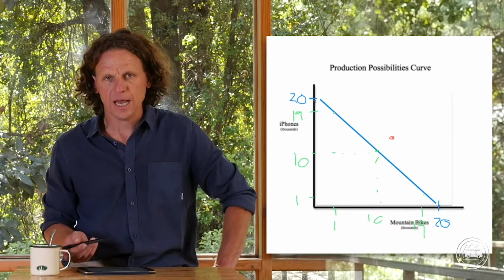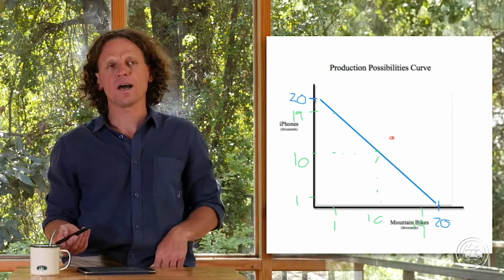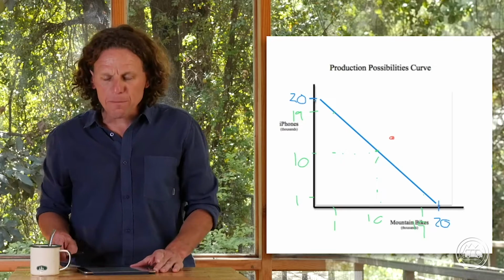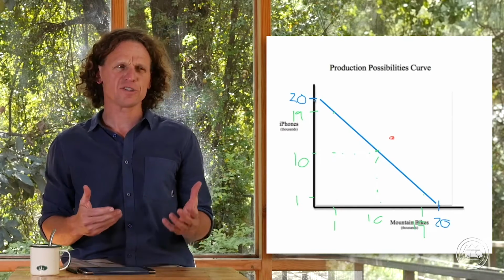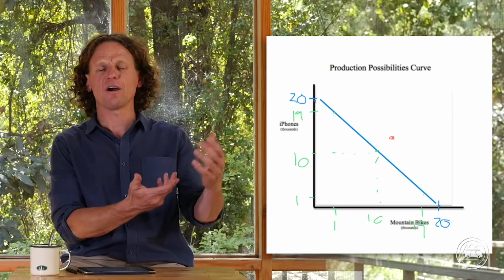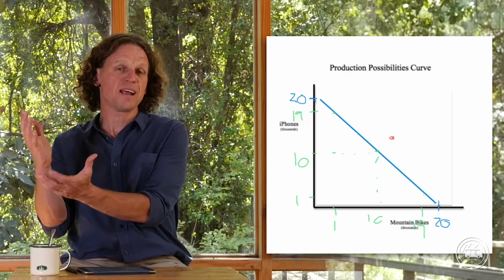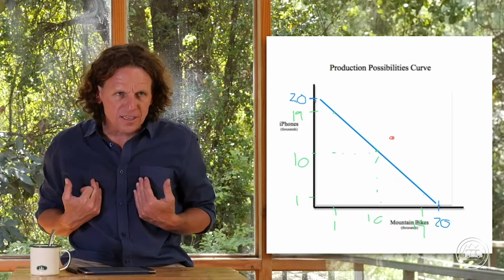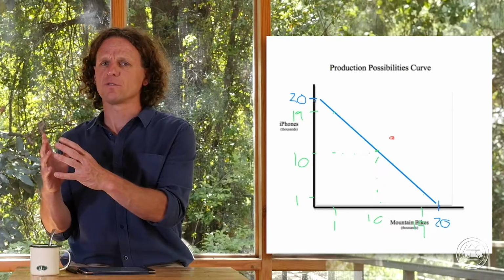Good. Now, that's fantasy land. Why? Because there are people who are better at making iPhones than mountain bikes, because let's face it, whatever skills it takes to make a mountain bike are not similar or exactly the same as the skills it would take to make an iPhone. So actually, in our economy, we're going to have experts in mountain bikes and experts in iPhones.